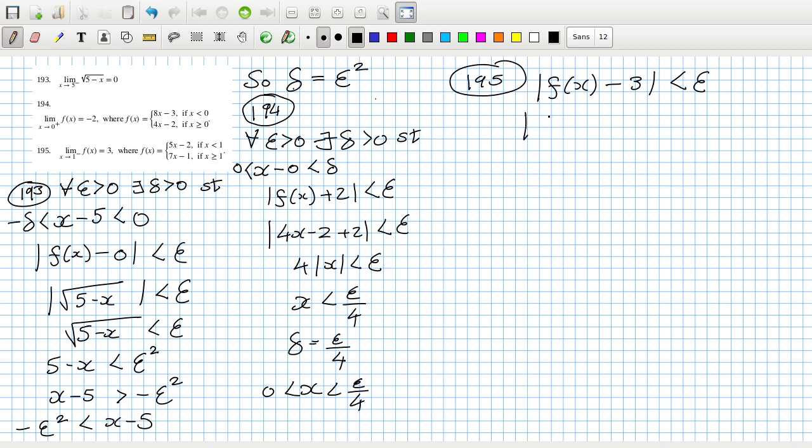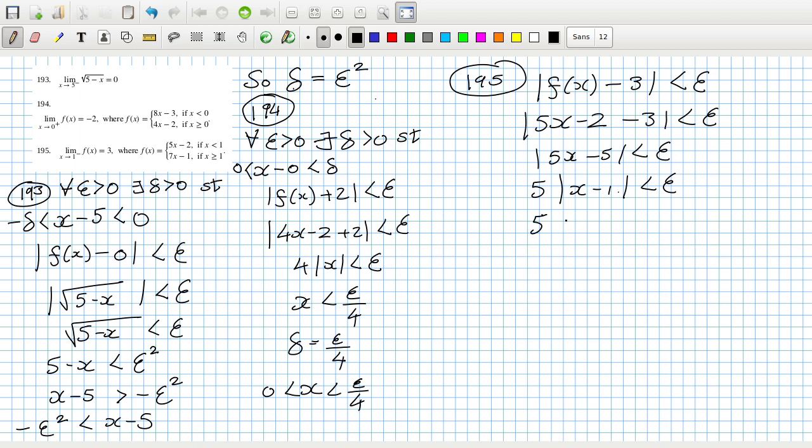So it's the first one here, f of x minus 2 minus 3 less than epsilon. 5x minus 5 less than epsilon. 5 times x minus 1 less than epsilon. But x, remember, is less than 1.